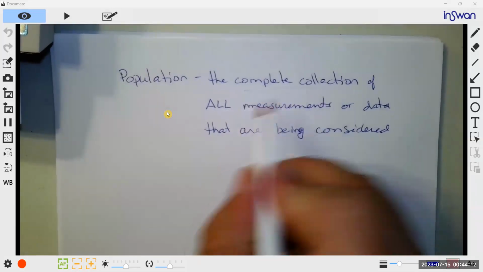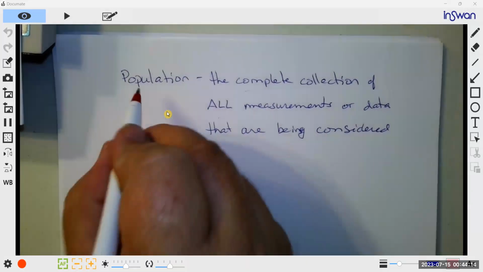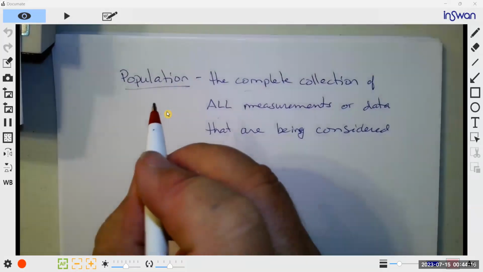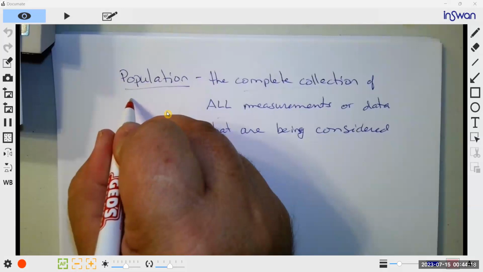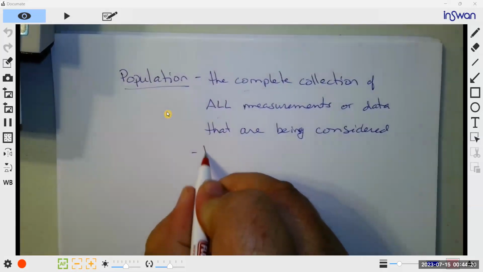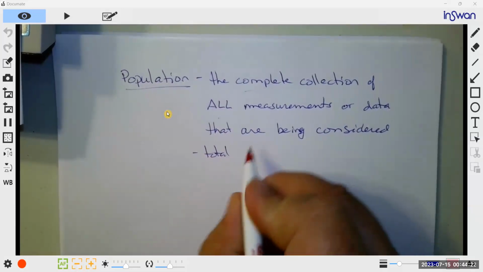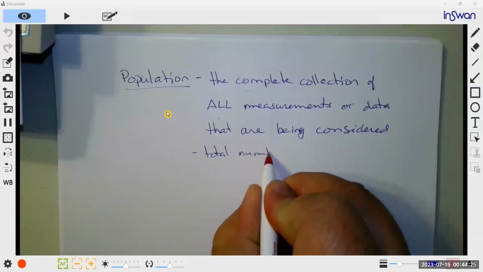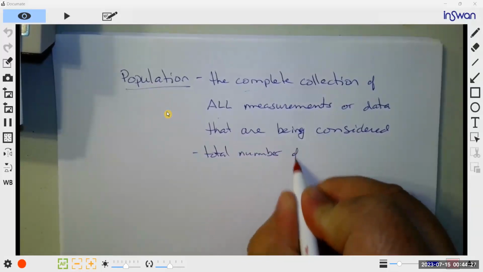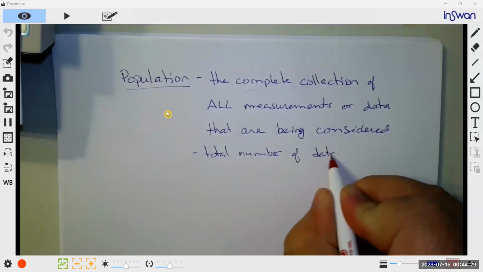It's a complete collection of all measurements. In other words, the population is the total number of data collected.